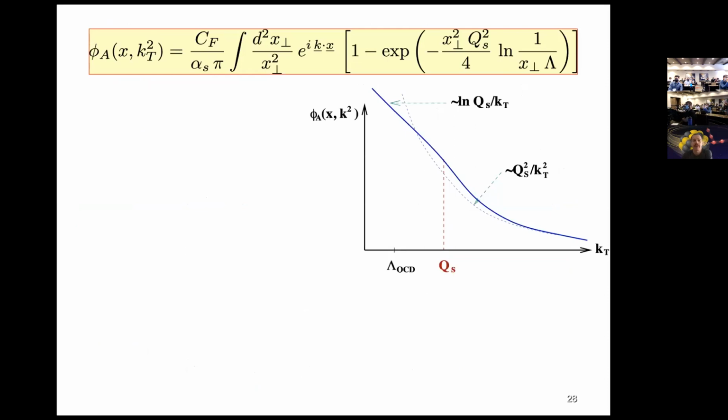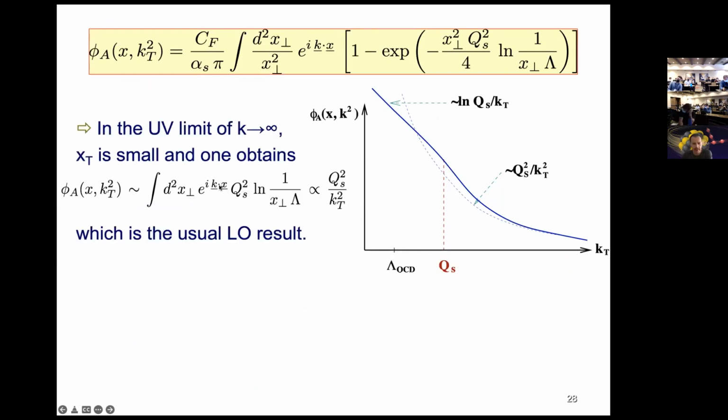So one can plot this distribution phi as a function of k_T, as a function of transverse momentum. And what does one see? Well, one sees that at large k_T, you have a fall-off of Q_s^2 over k_T^2. I have some formulas here. I don't know if you want to follow, but really the logic is that if k_T is large, that means x_perp should be small.